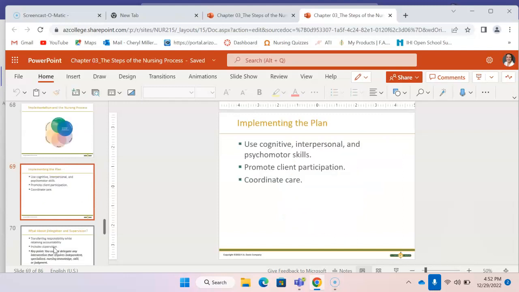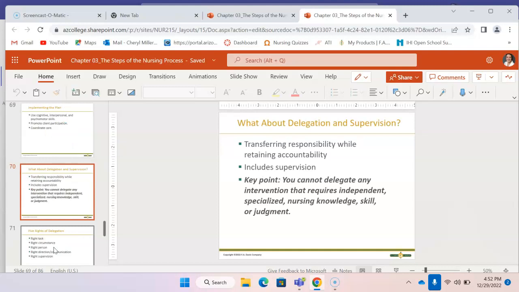Implementing the nursing process. Use cognitive, interpersonal, psychomotor skills, promotes client participation, and coordinate the care. So when you implement the plan, transfer that responsibility to the patient, but you're still accountable for it. What do we say with the incentive spirometer?